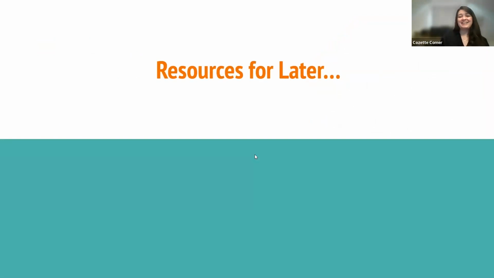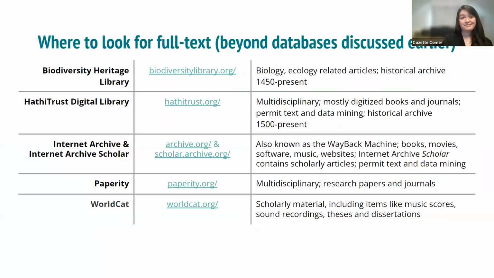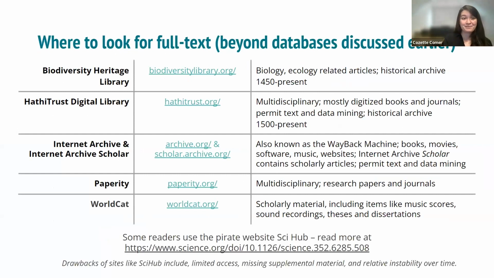As I've mentioned, and Katie's mentioned a few times, we have a few slides here that are resources for later. For example, finding free sources for your review, some additional places to get started, where to look for full text, additional places to consider.